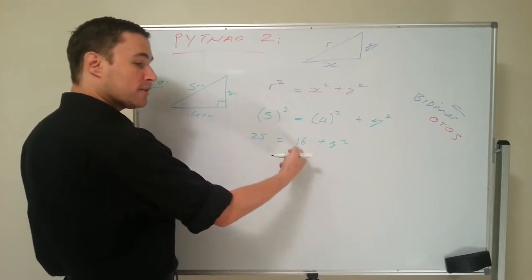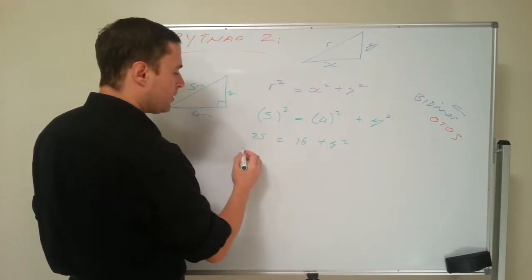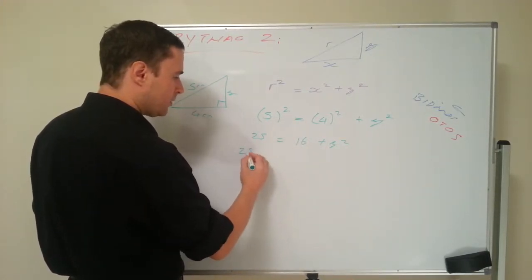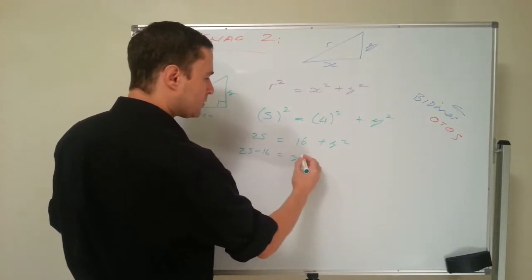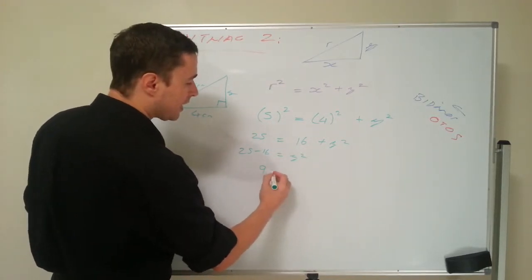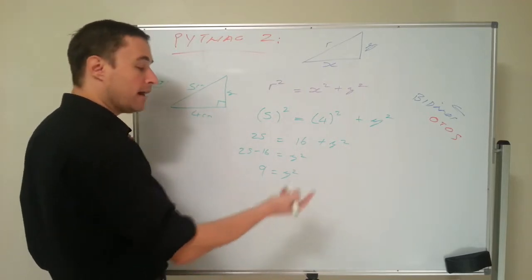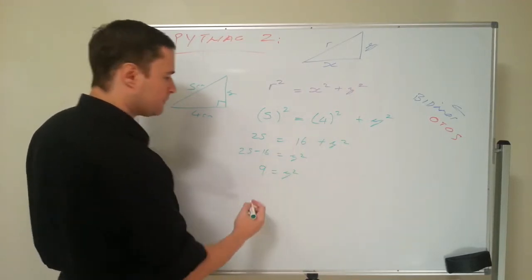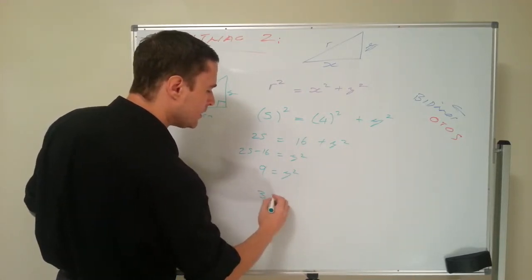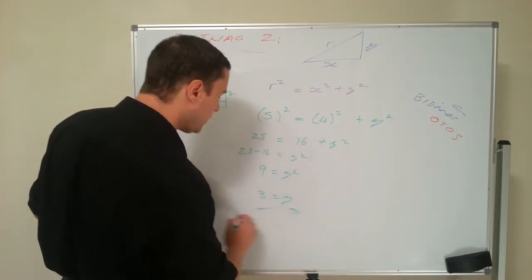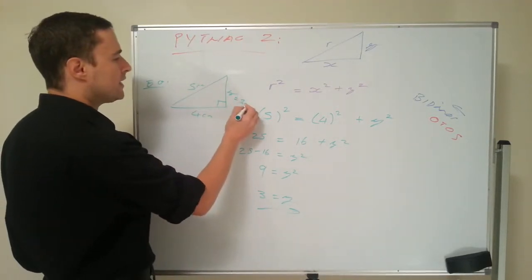The opposite of plus 16 is minus 16, so 25 minus 16 equals y squared. 25 minus 16 is 9, equals y squared. The opposite of square is square root, so the square root of 9 is 3, equals y. So y is 3 centimeters.